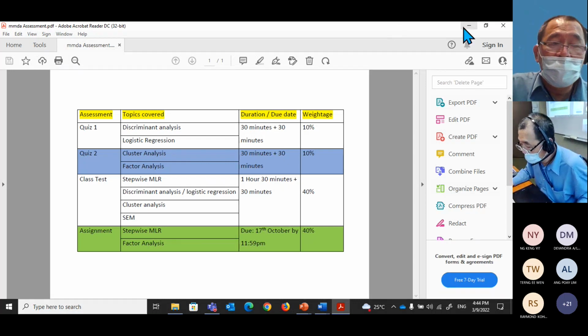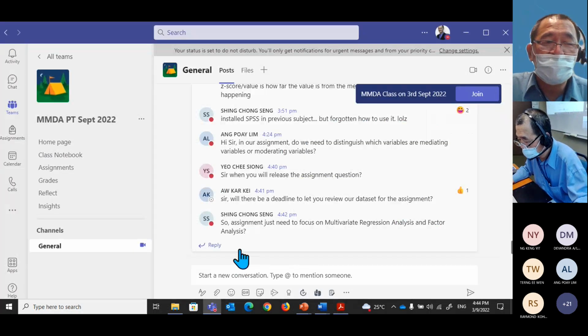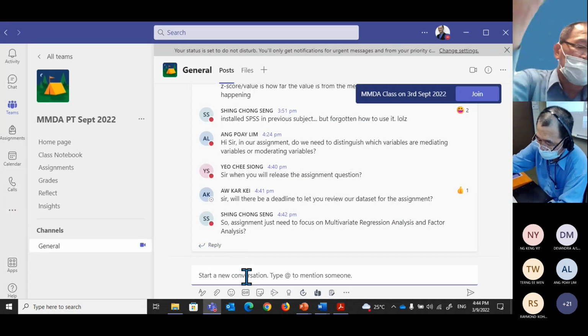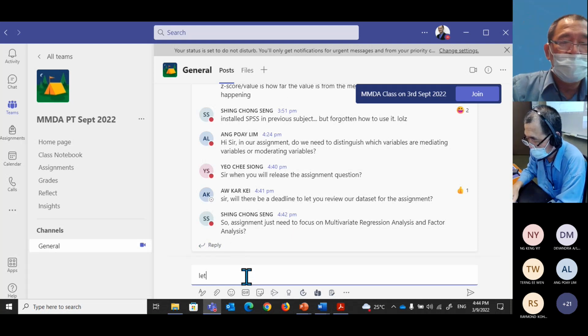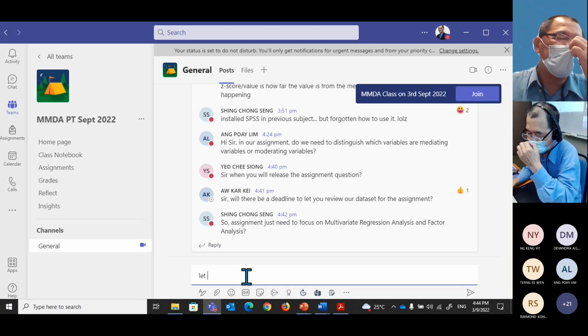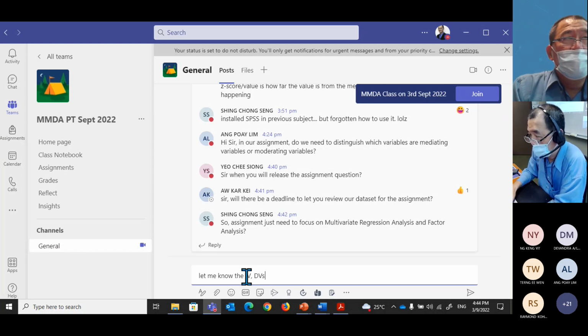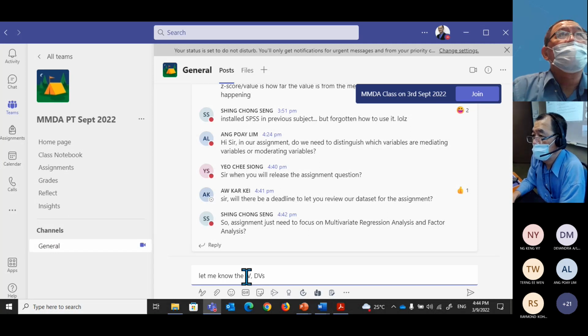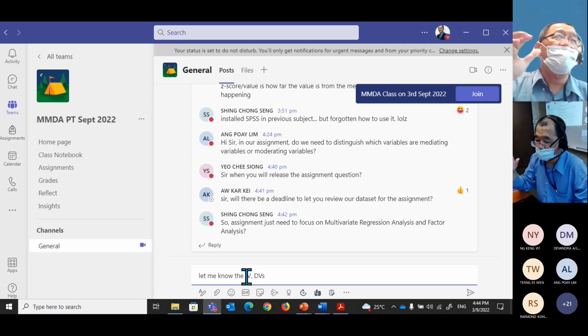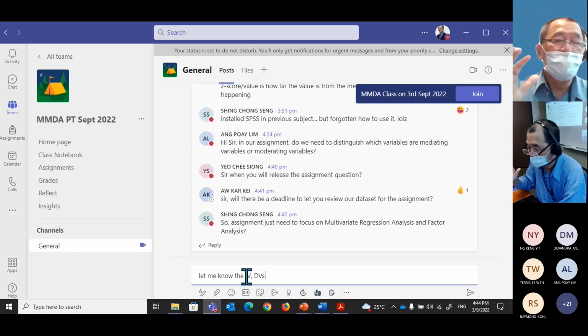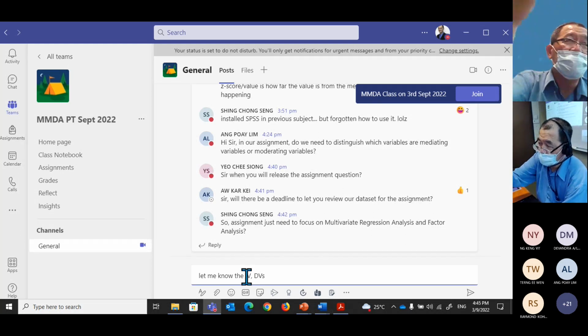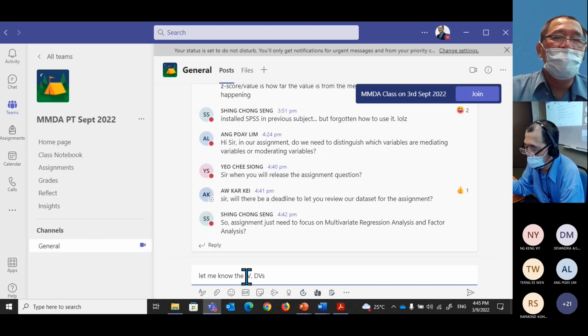Since you're asking about the assignment, I can tell you one thing. When you submit the data file to me for checking, let me know also the independent variables and dependent variables. Sometimes the data file shows me, let's say, x1, x2, but I don't know what it is, therefore I cannot comment.